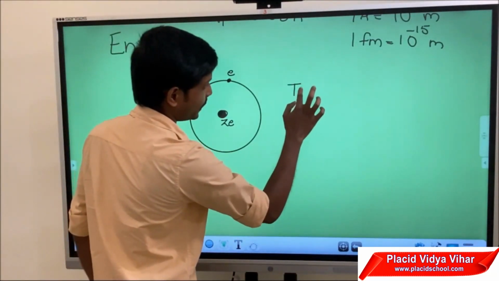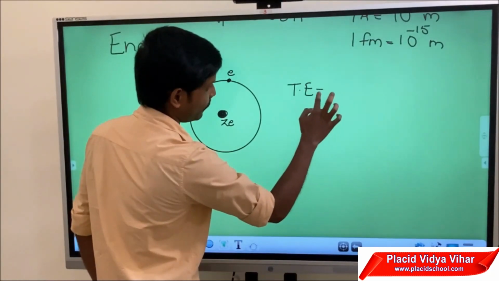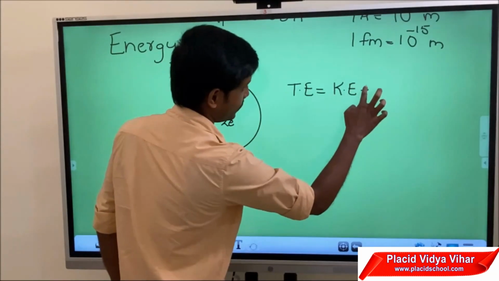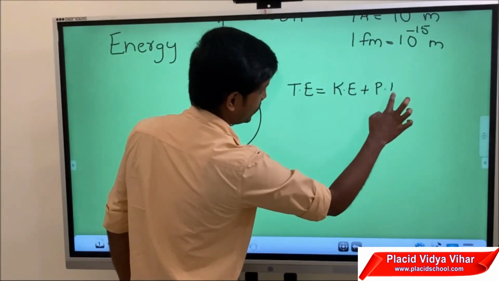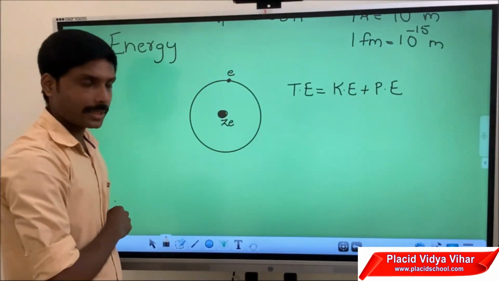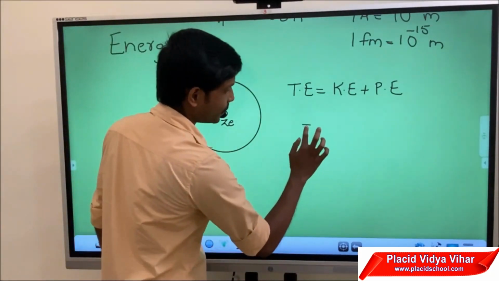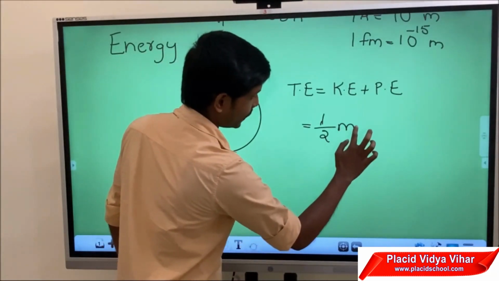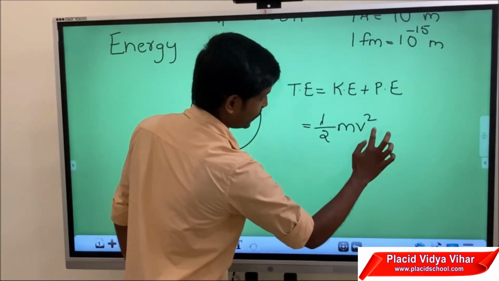So what will be the total energy? Total energy will be equal to the sum of kinetic plus potential energy. What is kinetic energy? Half mv square.